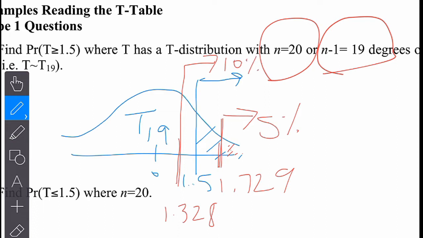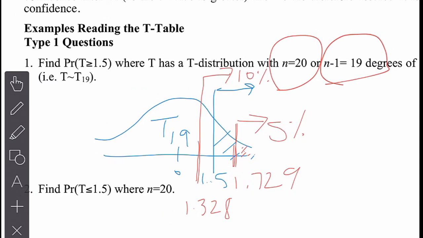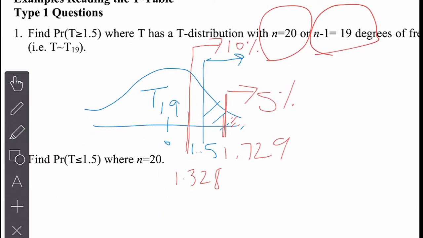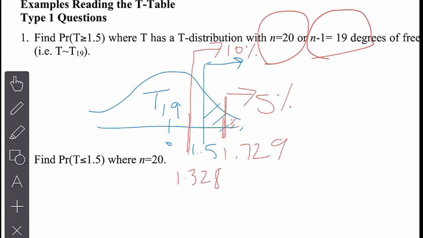And so our 1.5 is somewhere between those two. Okay, that's how I read the table. There are all kinds of questions I can ask you, but this is the way we'll be using the table for the tail probabilities.